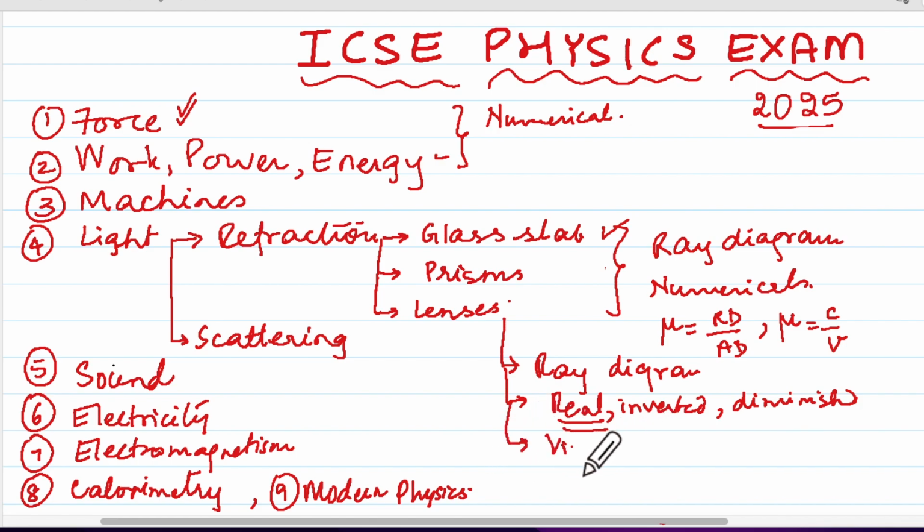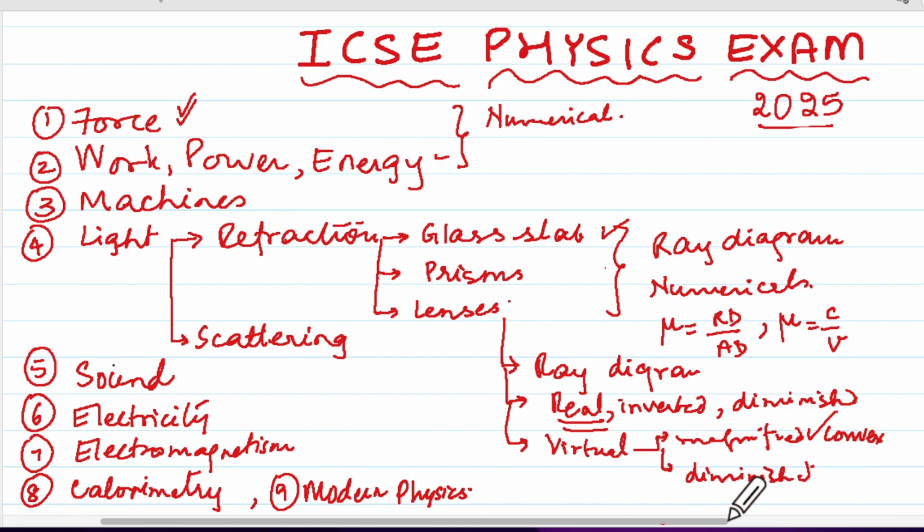If it is virtual, there are two types. Either it will be magnified image or it could be diminished image. If it is virtual and magnified image, then it has to be your convex lens.